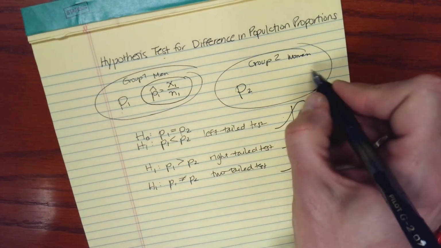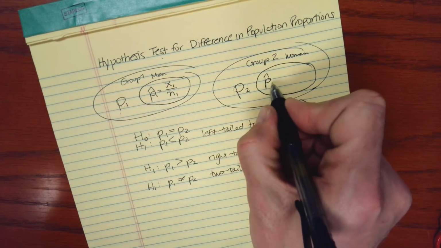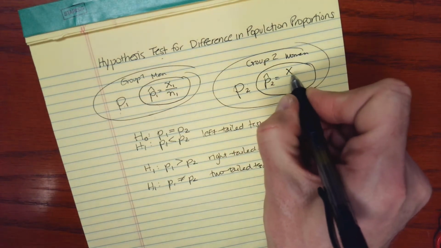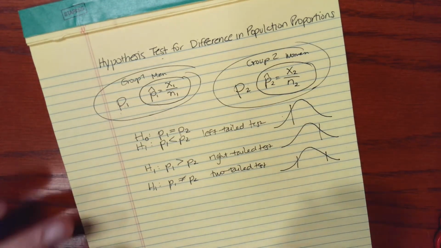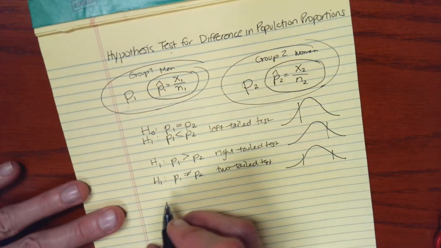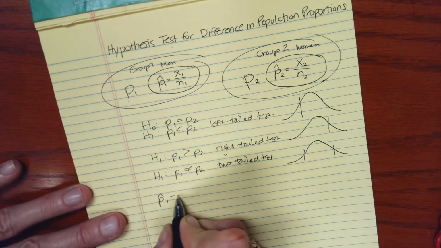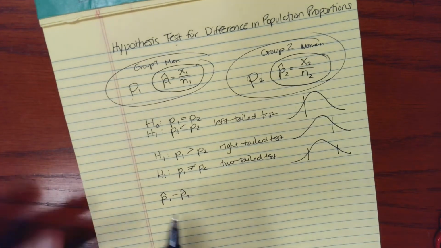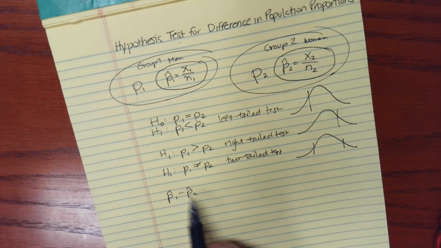And I'm also going to take a sample from group 2 and get a sample proportion there based on a count and sample size from that population. So in order to test these theories, I'm going to look at the difference between these two sample proportions, p hat number 1 and p hat number 2.